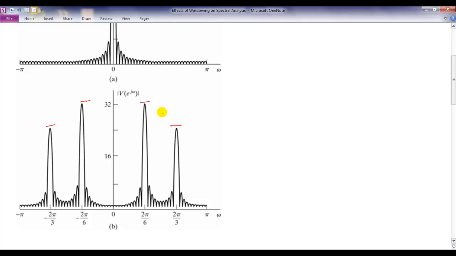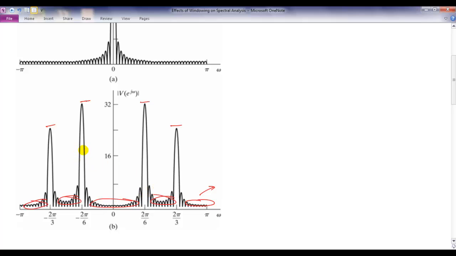So what is the effect that we are seeing? First of all, not only do we not have these impulses, instead of impulses we have these thick lobes standing in their places, but also something else is happening. You are now getting energy where there was no energy. You are getting frequency content where there was no frequency content. Your signal consisted of just two pure sinusoids, but if you look at the Fourier transform here, everywhere you have some energy.